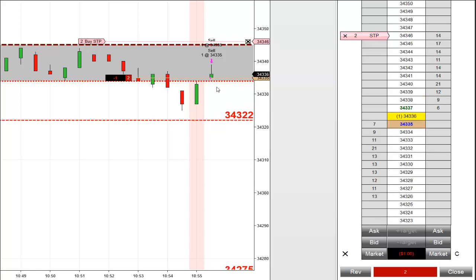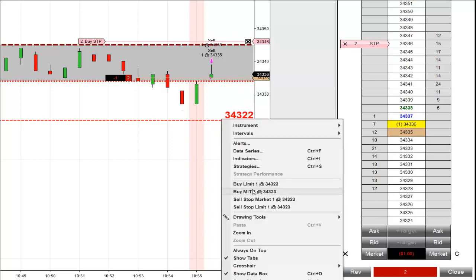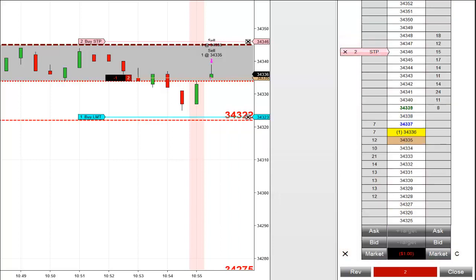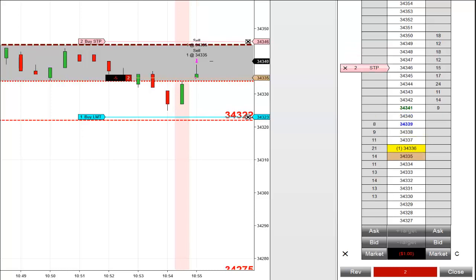And in this example, because I got that target right there at the 34 level, I'm going to go ahead and put my first buy limit, because that's my visual reference point of where price is likely to go. So I'm going to pull half off at that level.